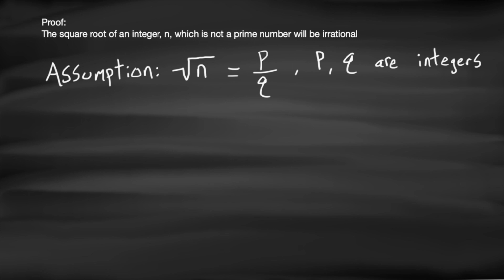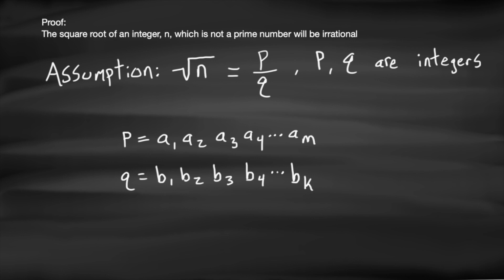First, we want to make sure that the values of p and q are in their lowest form. We can write them in their prime factor form, such that we have P made up of its prime factors, A1, A2, A3, etc. to AM. And Q is in its prime factor form, B1 times B2 times B3, and so on till Bk.